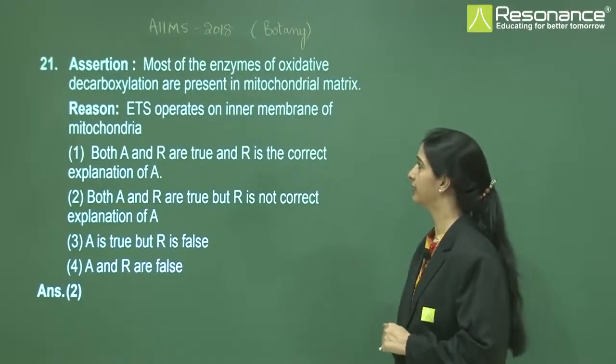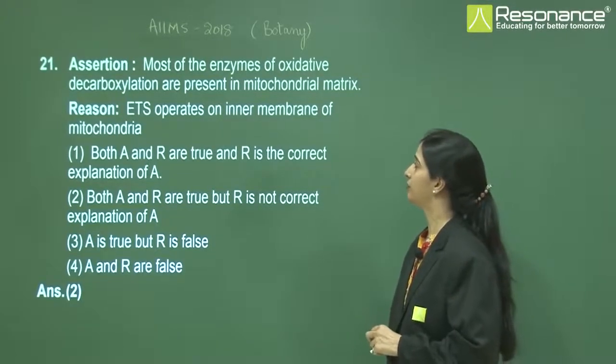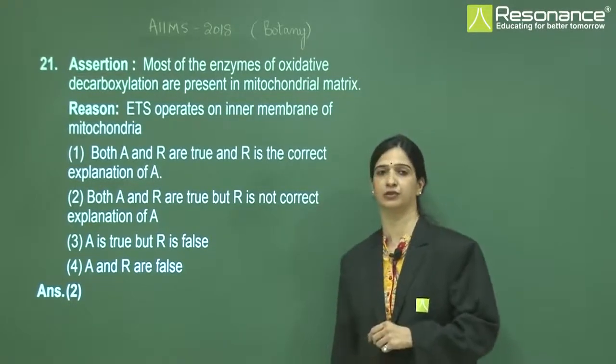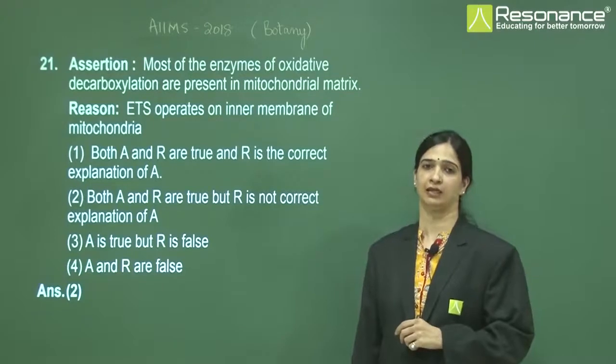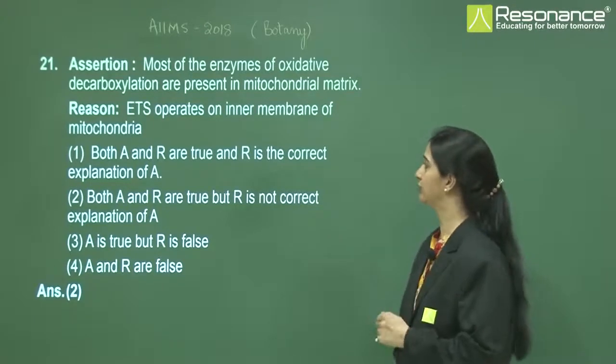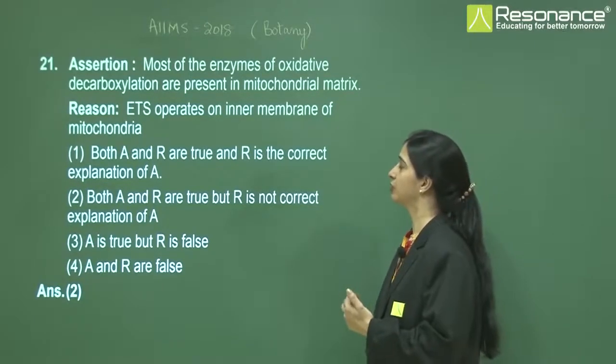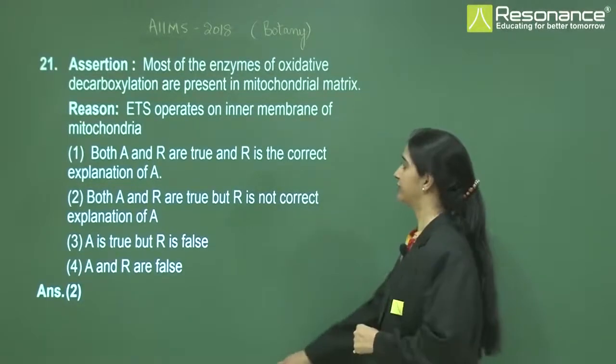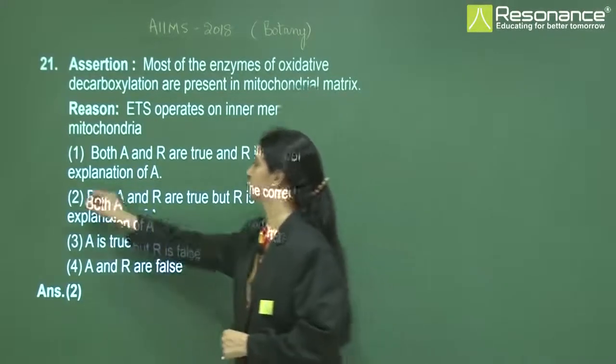So this is correct. Reason: ETS operates on the inner membrane of the mitochondria. As we know that the inner mitochondrial membrane is the site of electron transport chain. So this is also correct, but the reason is not the correct explanation of the assertion. So here the correct answer will be 2.